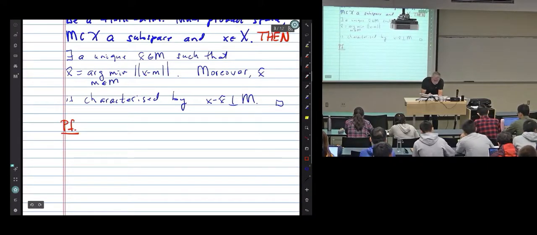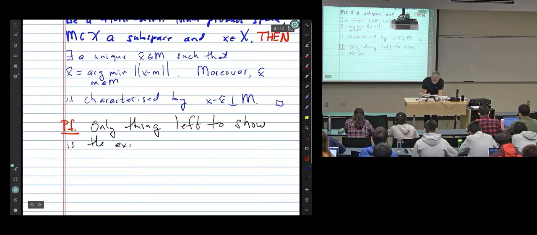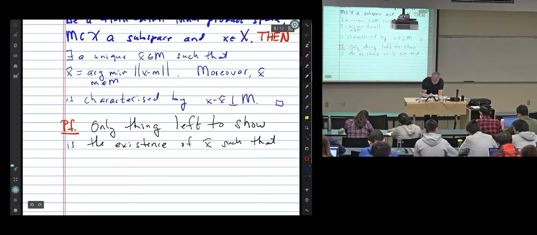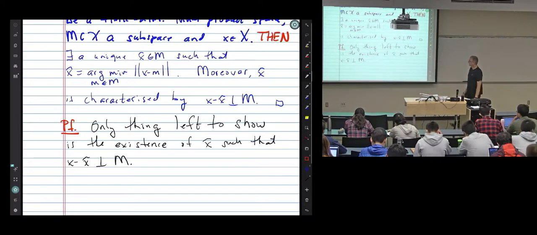Yep, so, okay, the proof. The only thing left to show is the existence of x hat such that x minus x hat is orthogonal to M. That's the only thing that's changed from the pre-projection theorem.